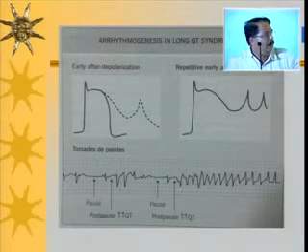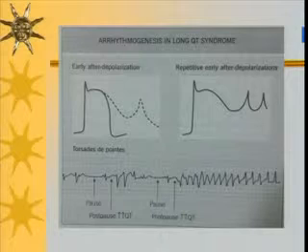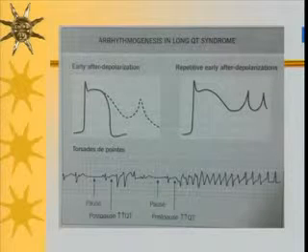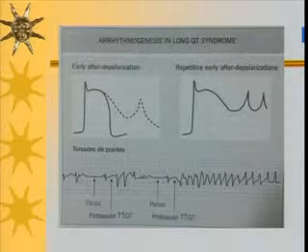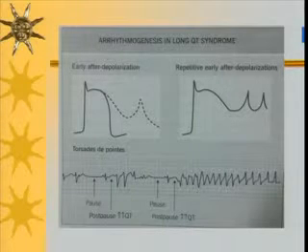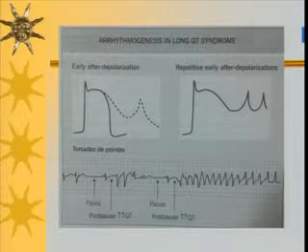Otherwise, what is the reason for that? Long QT is responsible for what? For the arrhythmias. It could be either congenital or acquired. In this patient, is it congenital or acquired? Most likely it is acquired. She may be having some genes.